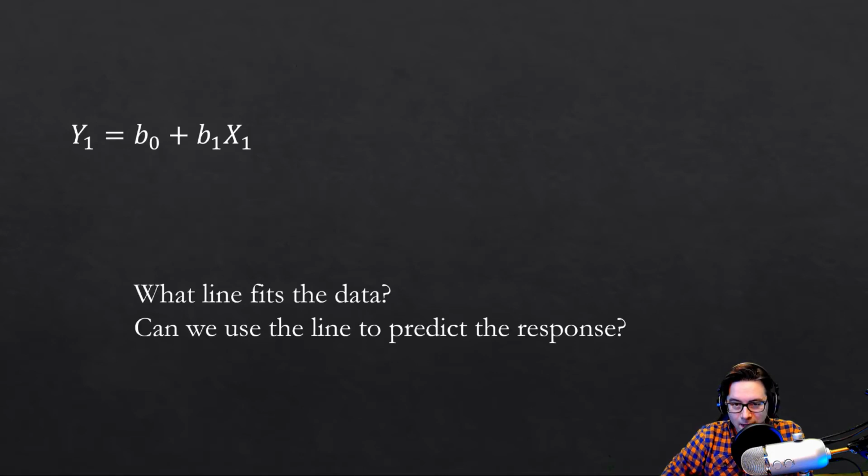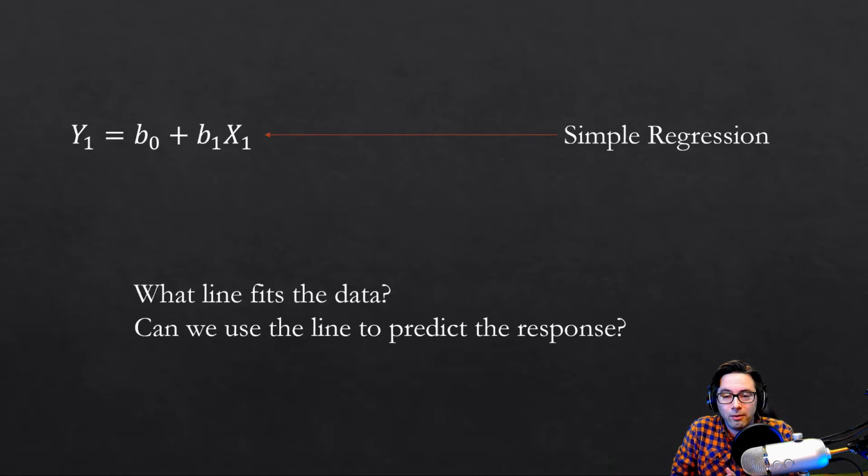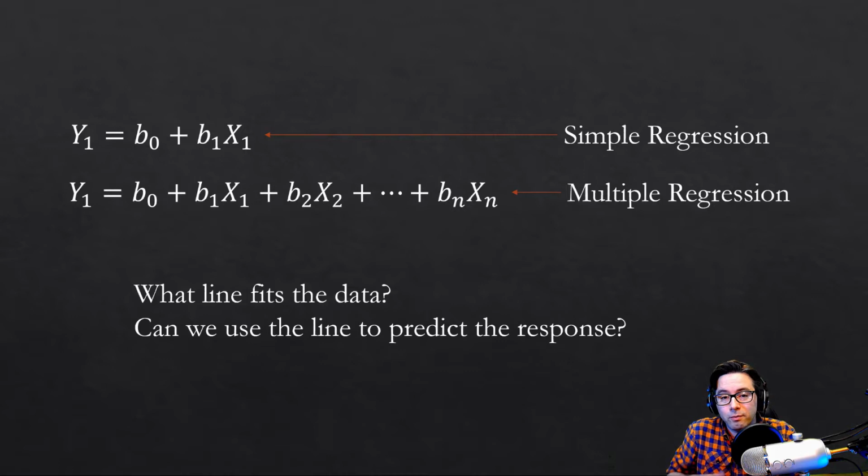All right, so now we've talked about simple regression before, and it follows this model. But what we're thinking about today is multiple regression, where we're using multiple predictors to predict our response. Before, with simple regression, it was an equation of a line. But really what we're coming up with now is not a line.